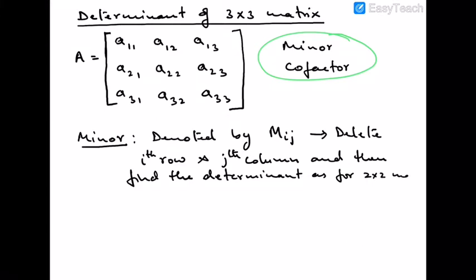Now let's find out the minor for a21, that is element in second row and first column.